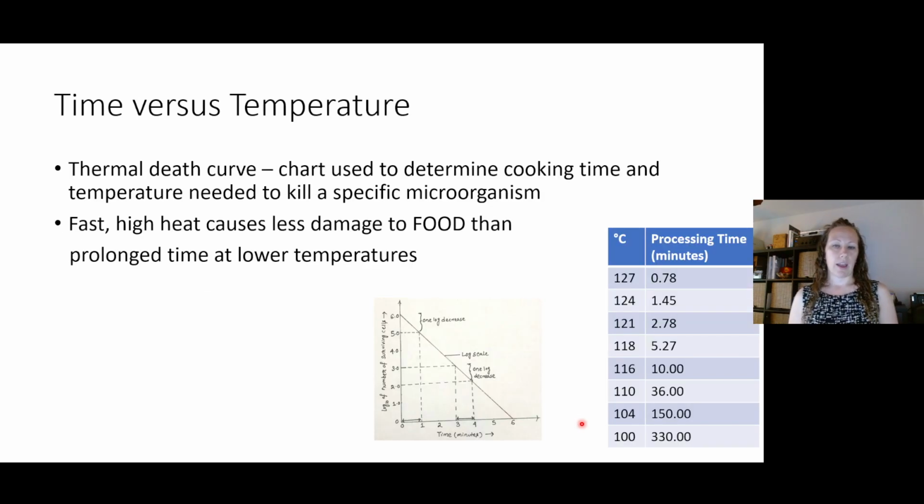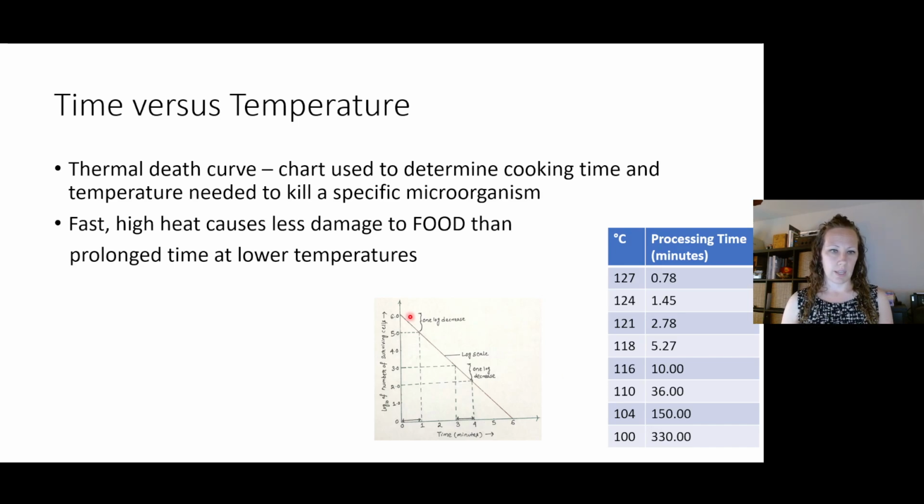So the second factor to consider is time versus temperature. In the book, it talks about a thermal death curve. These thermal death curves are graphs that are used to determine the cooking time and temperature to kill a specific organism.